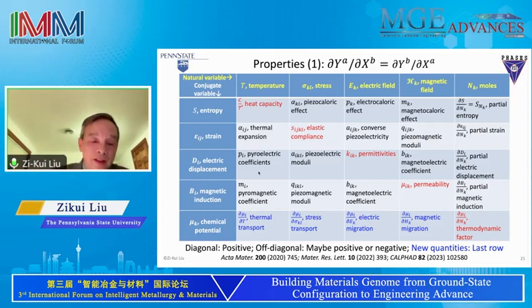But the off-diagonal terms don't have to be positive. They could be negative. So people find, we find this electrocaloric effect negative. Well, that's okay, because these are derivatives between non-conjugate variables. Okay? So it's actually not surprising now if you look at this equation.